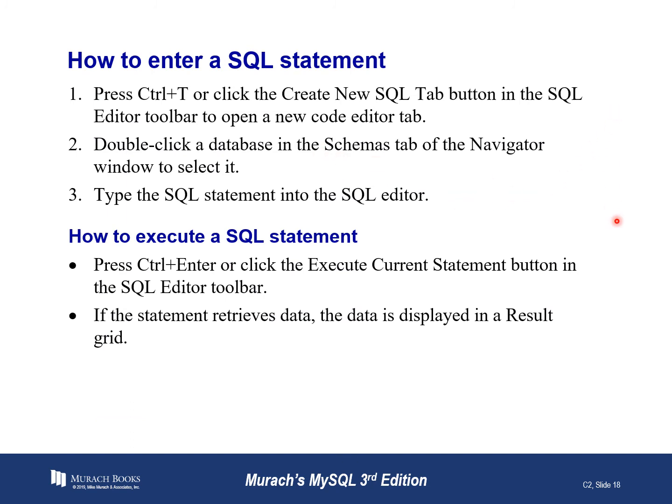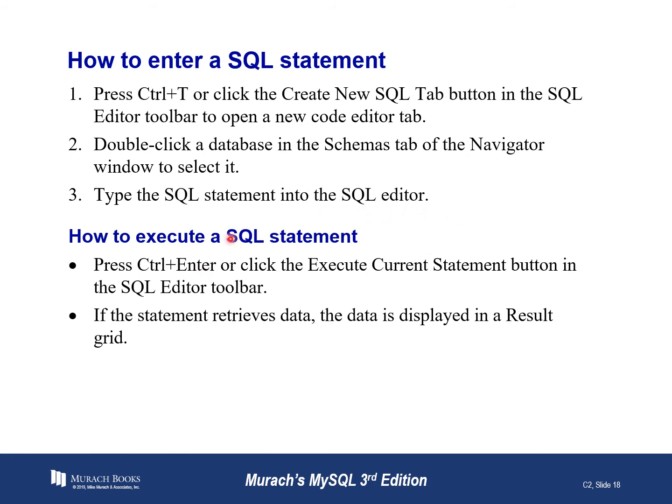And here are the steps to actually running the query. Press Ctrl T or click the create new SQL tab button in the SQL editor toolbar to open a new code editor tab. Once you have the new tab, you can double click a database in the schemas tab of the navigator window to select it. Type the SQL statement into the SQL editor.